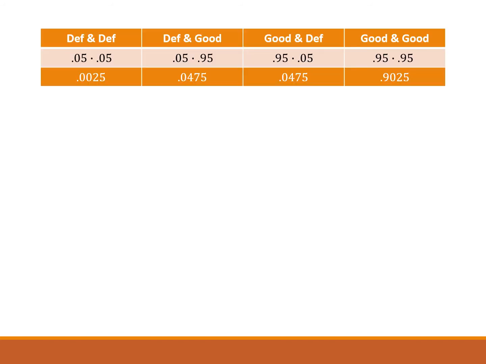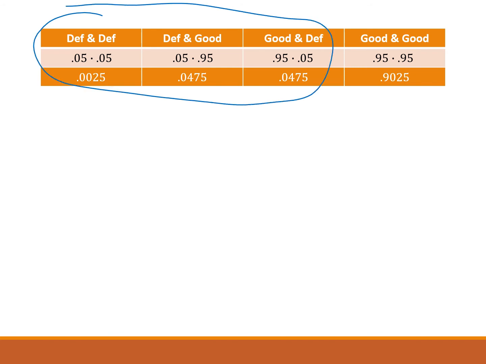So let's look at our chart again. Here it says at least one defective, so we need this part of the graph. Those represent at least one defective. The one that we don't need, that doesn't represent at least one defective, is this one over here.